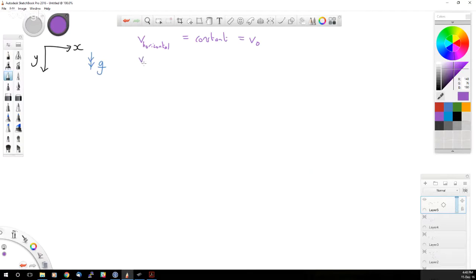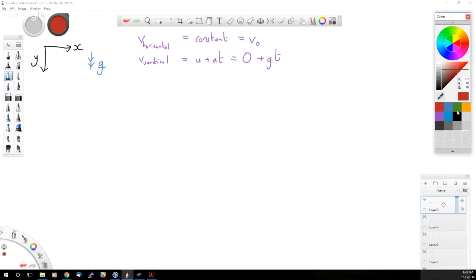Vertically, the component is equal to u plus a t, but u in this direction is 0. g, I have defined to be positive in this direction because I'm taking down as the positive y direction. So it just becomes v vertical equals gt.